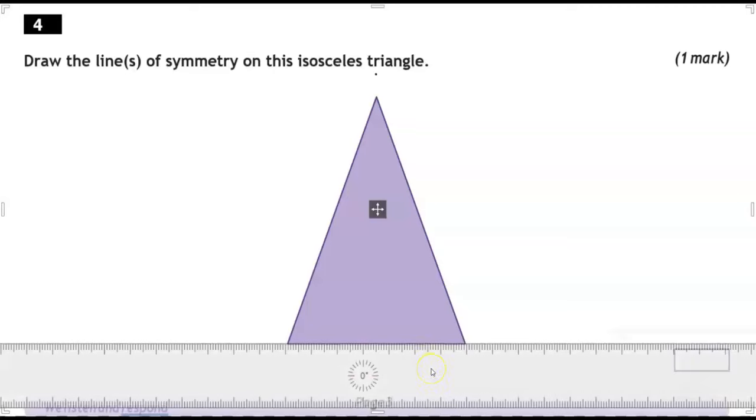This is not the ideal ruler, but I'm going to use it to find the midpoint. So there we have 1, 2, 3, 4, 5, 6, 7. So I'm going to go 3.5.